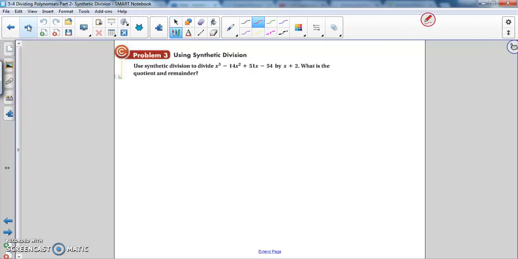We are going to use synthetic division to divide x cubed minus 14x squared plus 51x minus 54 by x plus 2. Keep in mind what we just talked about. And they want to know what is the quotient and remainder. So you are going to draw this little bar. On the inside, we are going to write the coefficients.